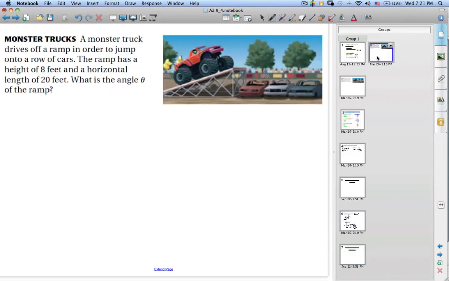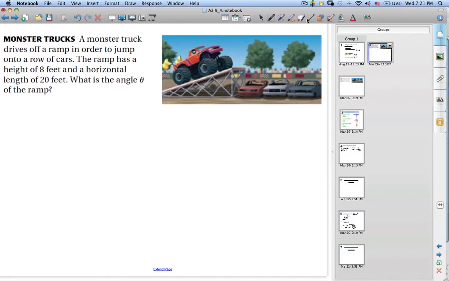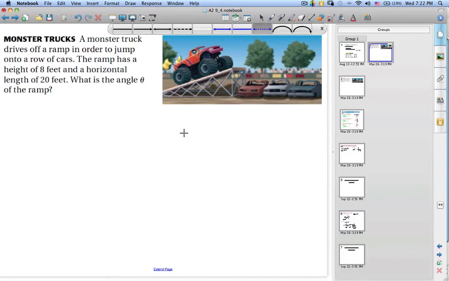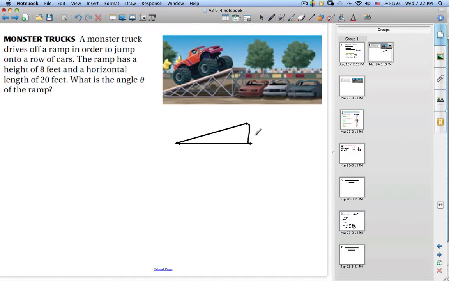Okay, so here I have this ramp, and it goes like this. I know that the height is 8 feet, and I know that the length is 20 feet.